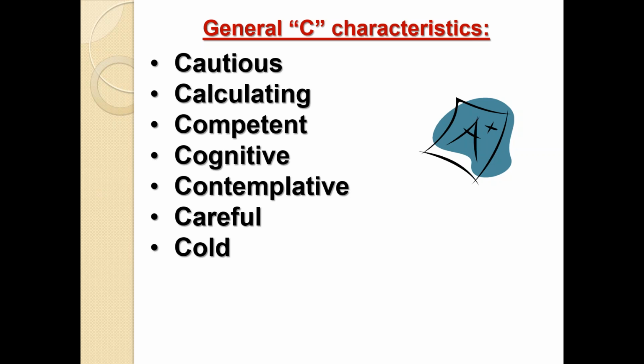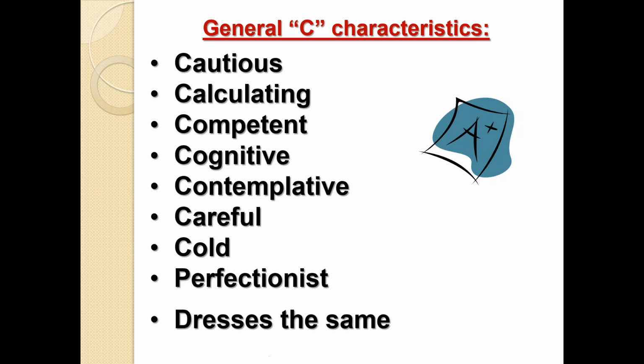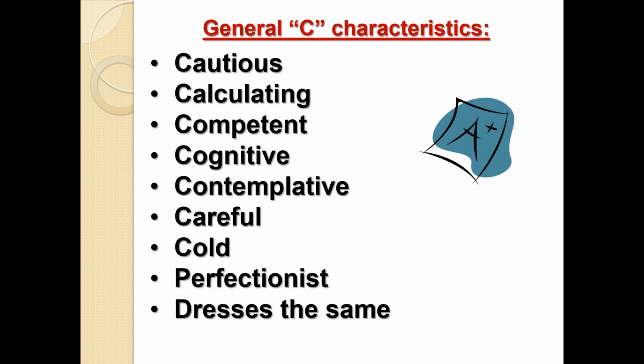They come across that way. It doesn't mean that they're actually cold. They are absolute perfectionists. Do it right or don't do it at all. To a fault. They like to dress the same: black, white, gray. That's the only time they like gray. And they're accurate.